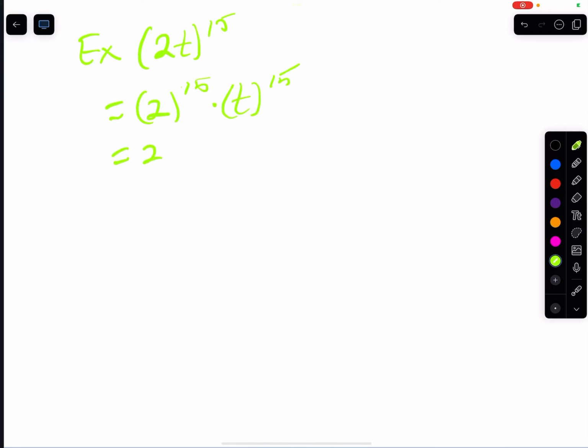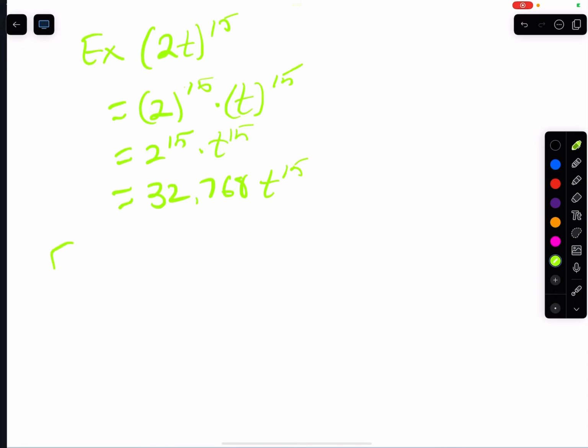Well, it becomes 2 to the 15 power, not in parentheses, times t to the 15 power. Can we simplify any further? Well, the 2 to the 15 power could be entered into your calculator. I don't know 2 to the 15th just offhand, but after calculating, it is 32,768 times t to the 15 power.